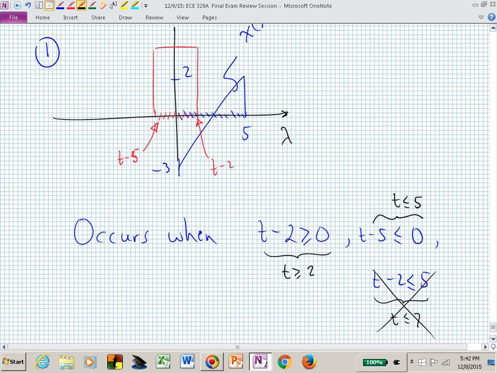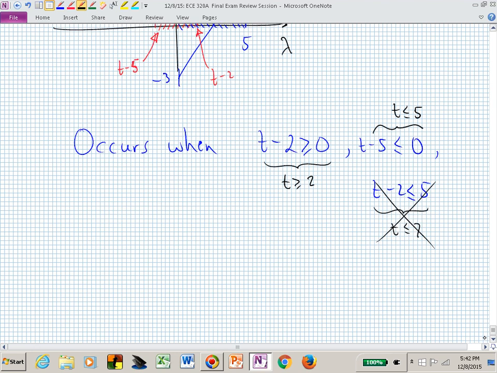We need t minus 5 to stay less than 0, and that's going to move through 0 before t minus 2 slides beyond 5. And that's clear if you look at it. H is just 3 wide, and how wide is x? 5. So we're going to have H completely overlapping X in one of these overlap patterns.